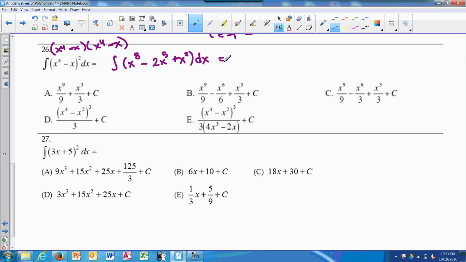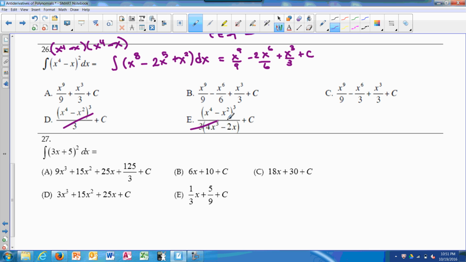So when we integrate, we get x to the 9th over 9 minus 2 x to the 6th over 6 plus x cubed over 3 plus c.